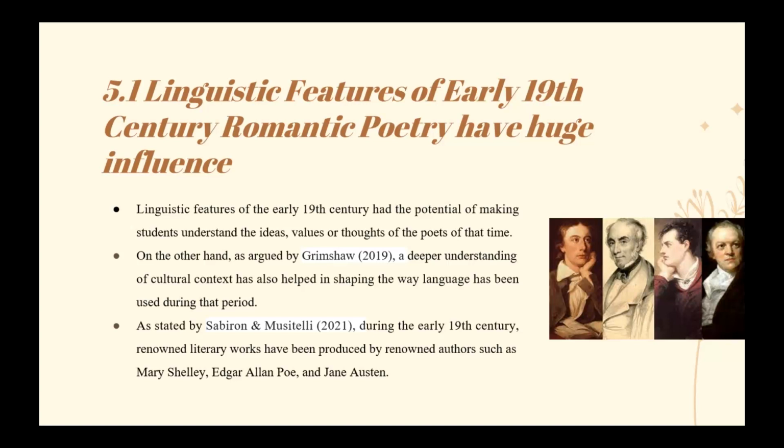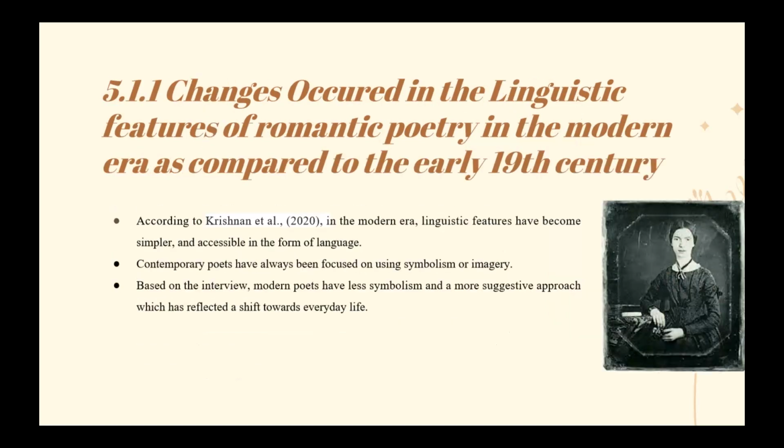And a deeper understanding of cultural context can also help in shaping the way language had been used during that period. And also, during the early 19th century, famous literary works were produced by famous authors such as Edgar Allan Poe and Jane Austen.